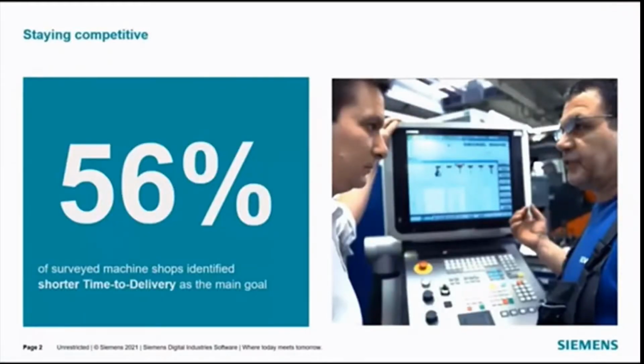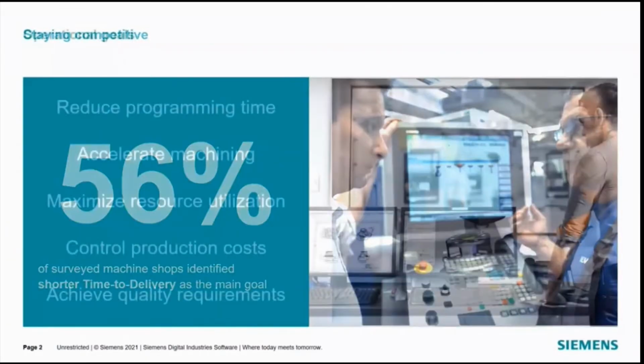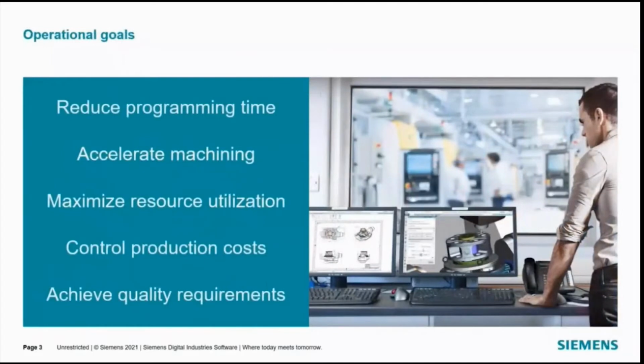Today I'm going to talk to you about programming automation in NX CAM using feature-based machining, how you can get started with that easily, and how that can be of value to you in regards to product quality, consistency, manufacturing cost reduction, and better resource utilization, all helping you to stay more competitive in today's market. Respondents to a recent study identified time to delivery as the single most important driver of change for machine shops.